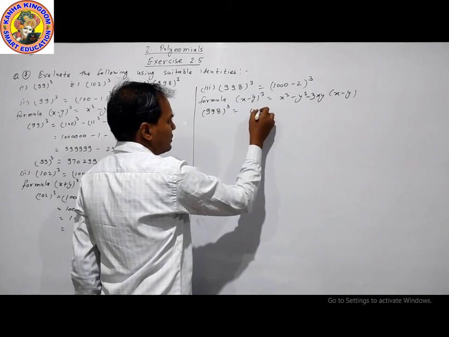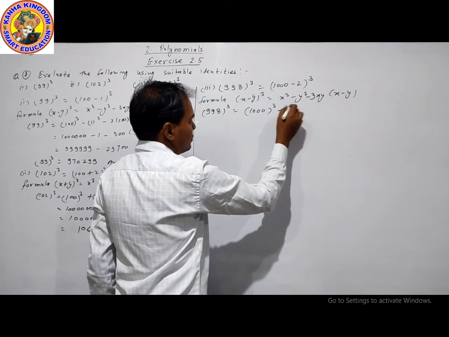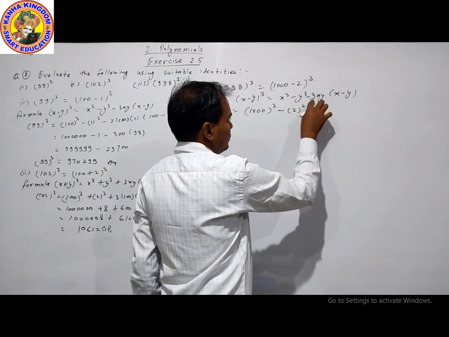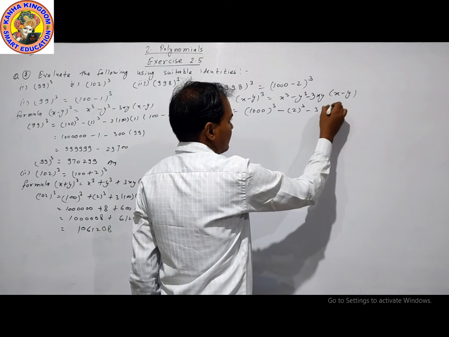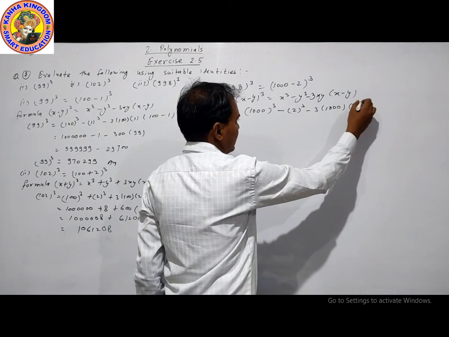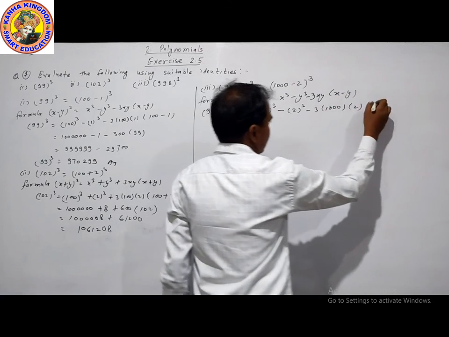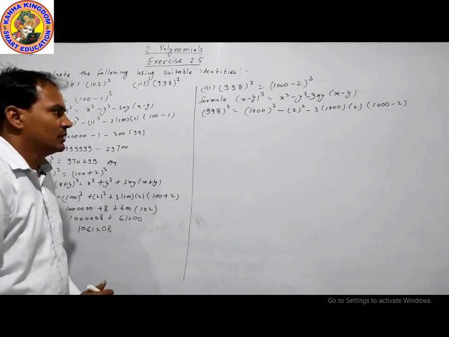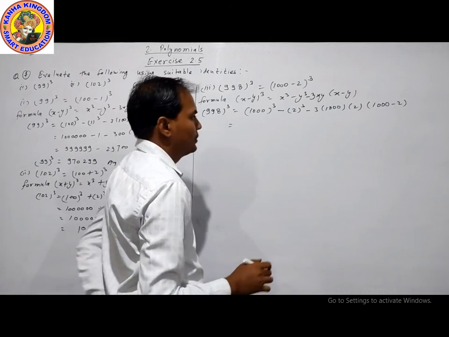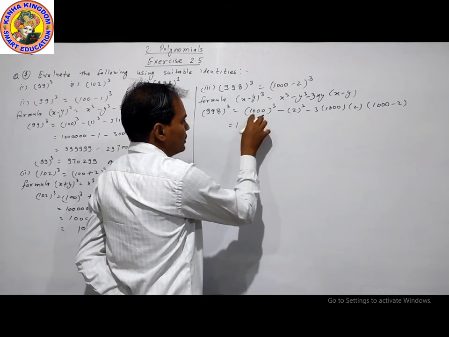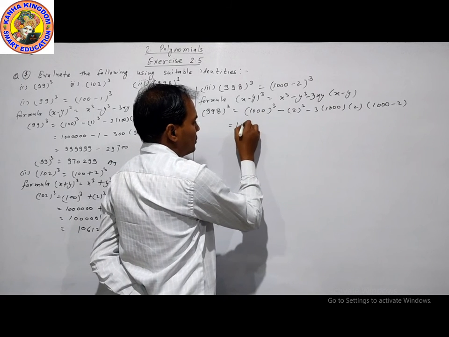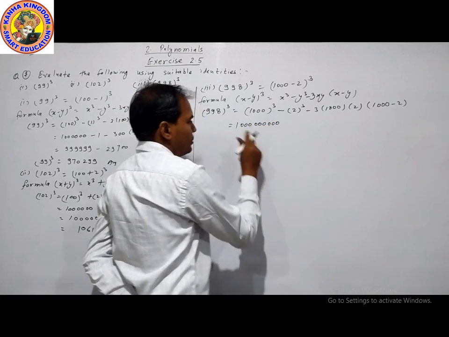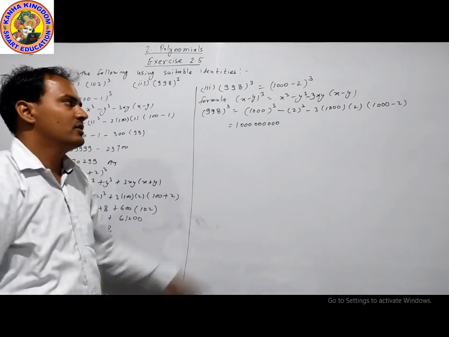X is 1000, y is 2. This is over 3. X is 1000, y is 2. Now forming the cubic term: 1000 cube has 0 three times, nine zeros.